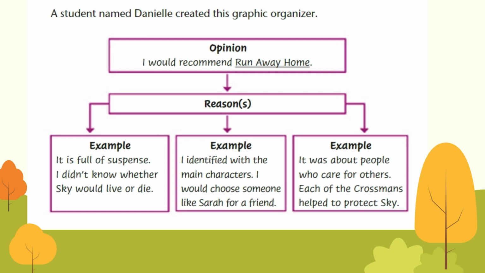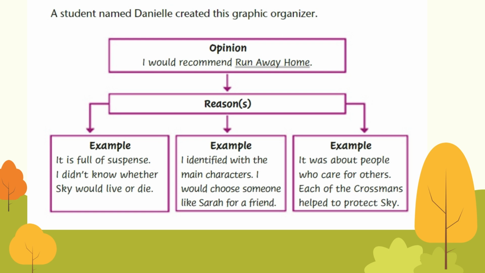I hope that you still remember why you think Daniel would choose to become like Sarah. It must be because Sarah wants to help Sky. And then the third reason for Daniel is because it was about people who care for others.